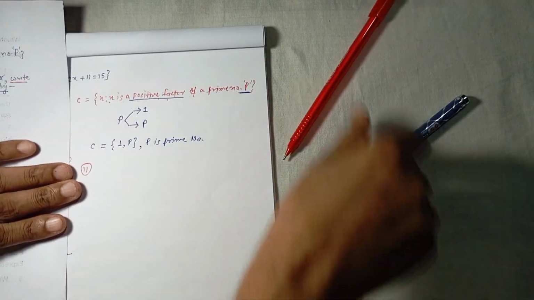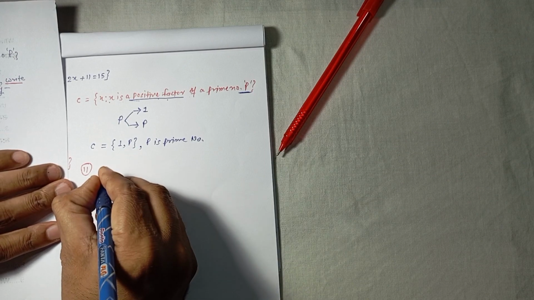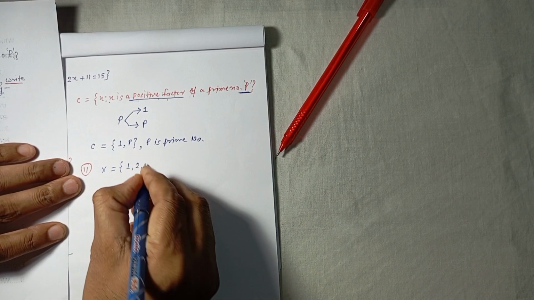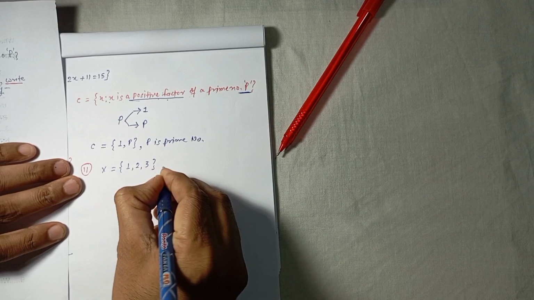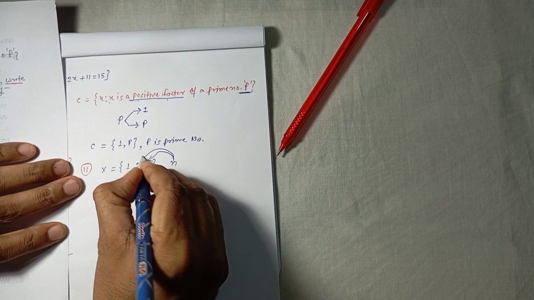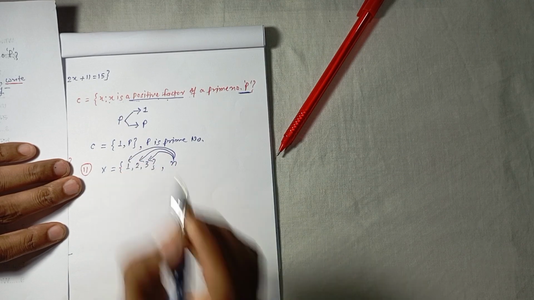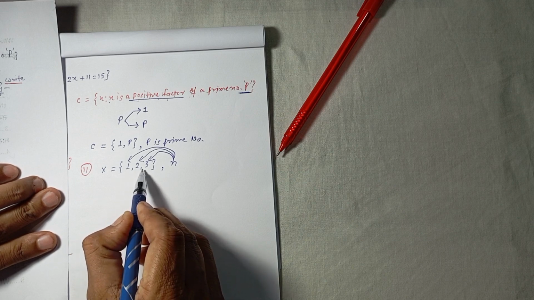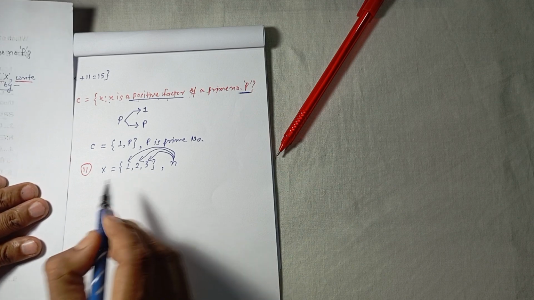Okay. Now the set is X equal to {1, 2, 3} and n is the representation of elements of this set. So the value of n may be either 1, 2 or 3.